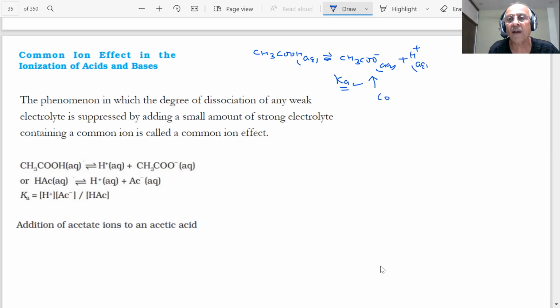I am saying a common ion. What do you mean by common ion? This ion is already there. How will I add this ion from outside? For example, this is my acetate ion.